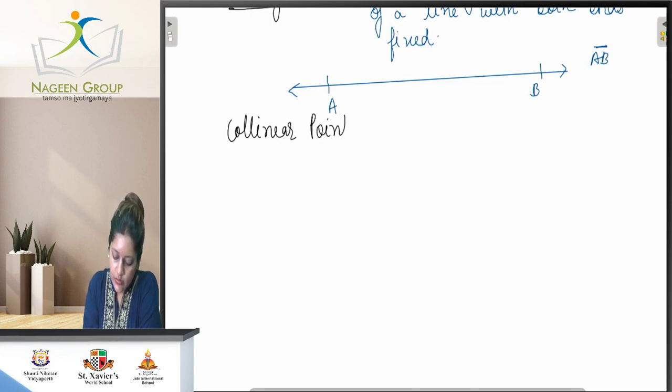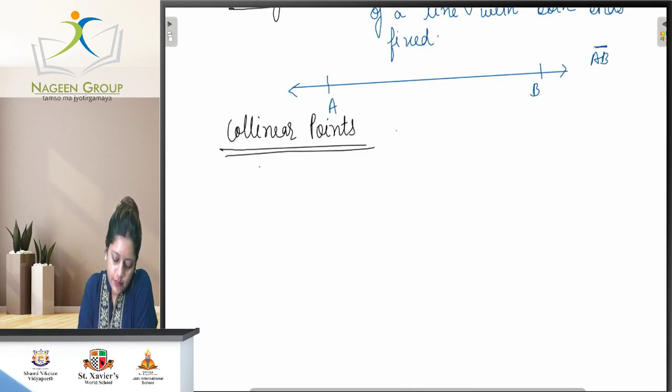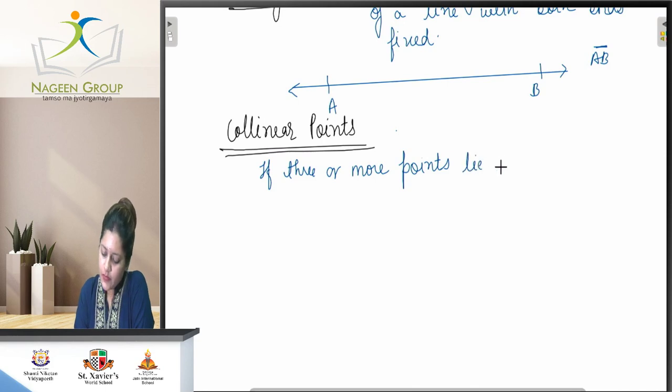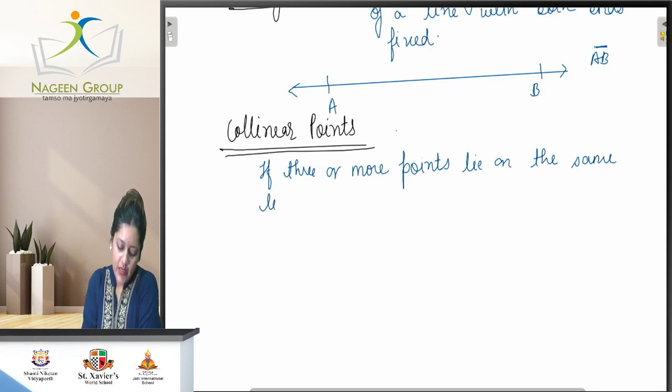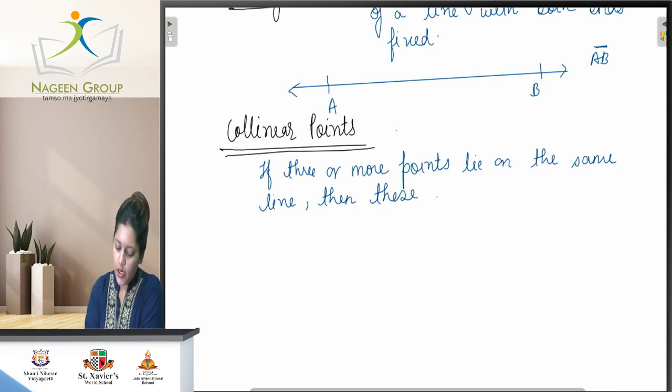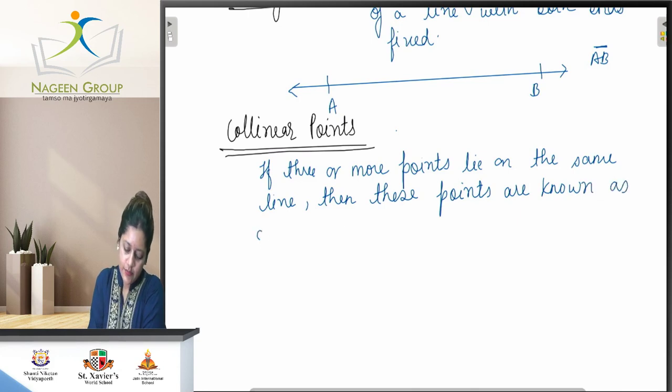If three or more points lie on the same line, then these points are known as collinear points.